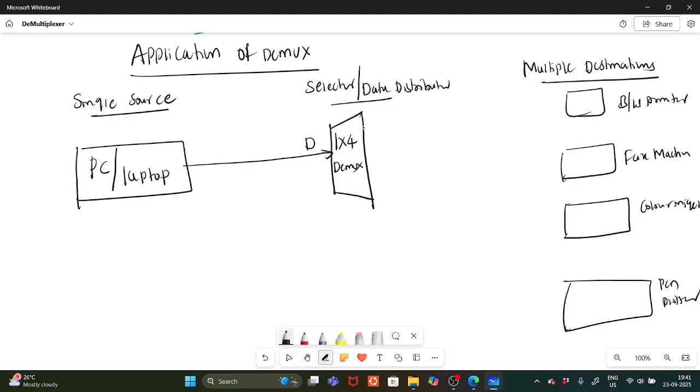These are the four outputs D0, D1, D2, and D3.